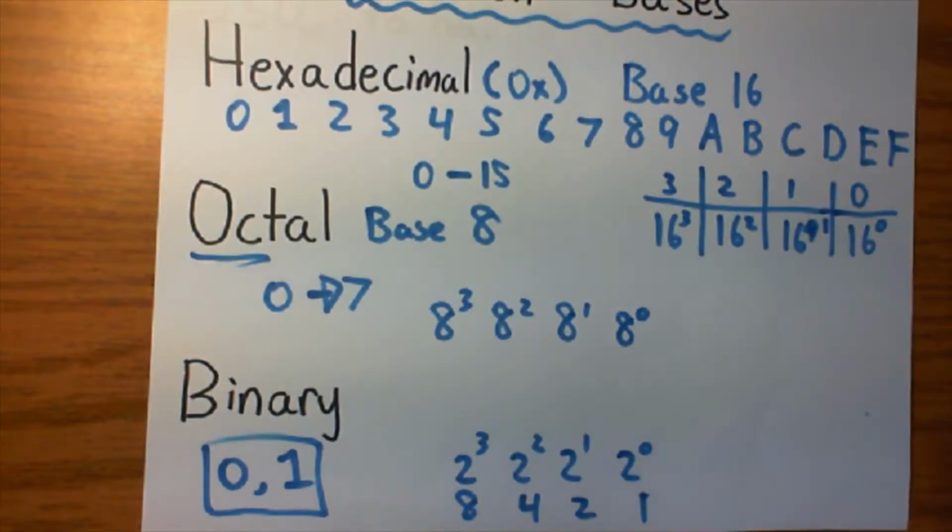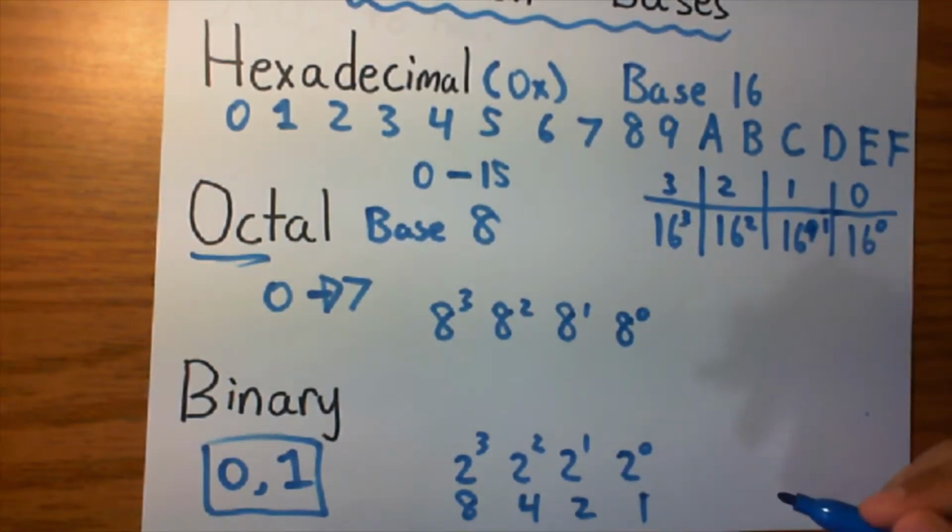That's just because of the nature. They're all multiples of 2, so it's very easy to convert between them once you get the hang of it, just because of how similar they are.